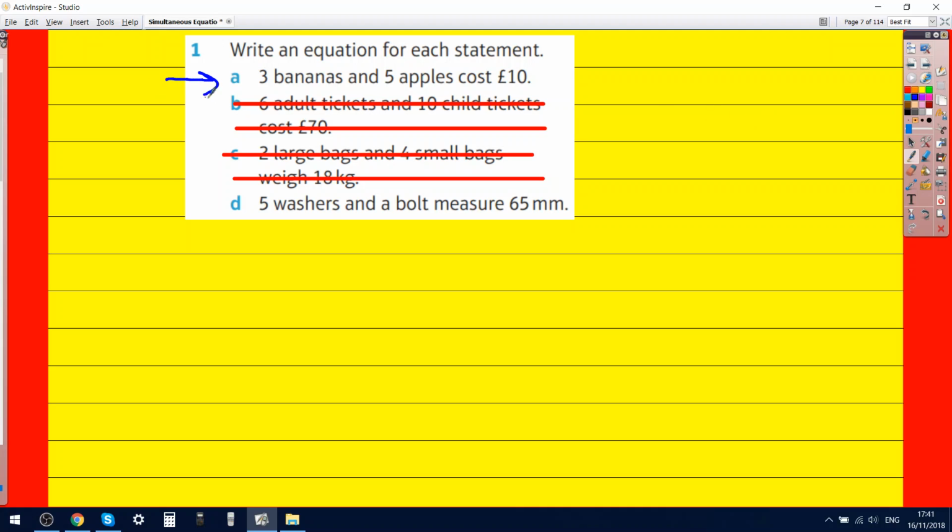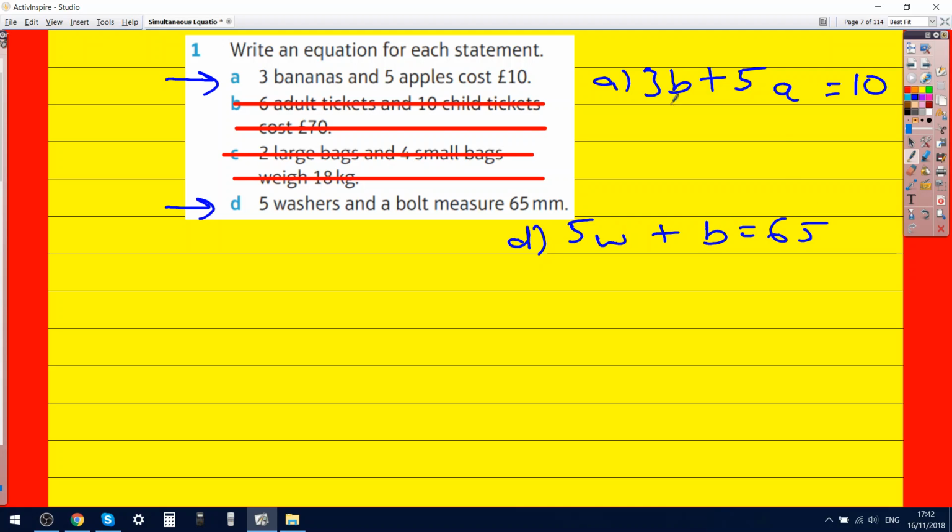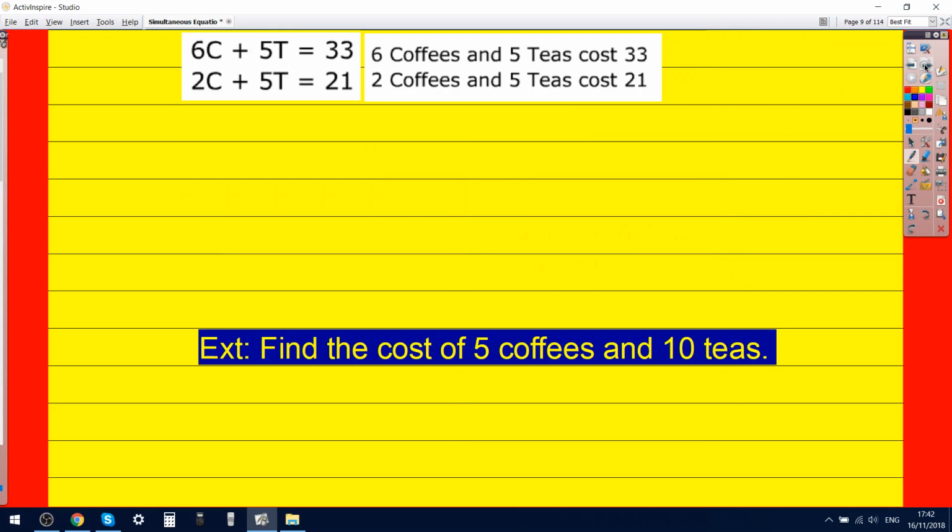What would be the first and the last? 3b plus 5p equals 10. 5 what, sorry? 5w plus 1b equals 65. Yeah. And you could use x and y. I prefer the letters so you know which is which.